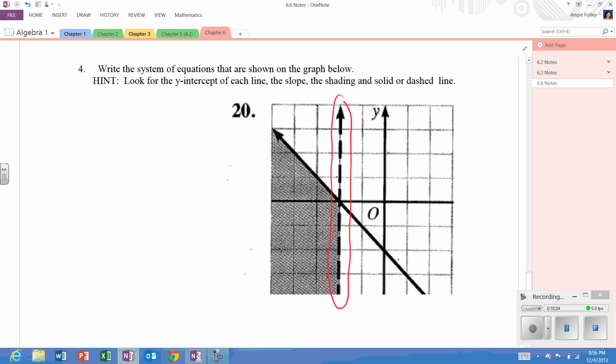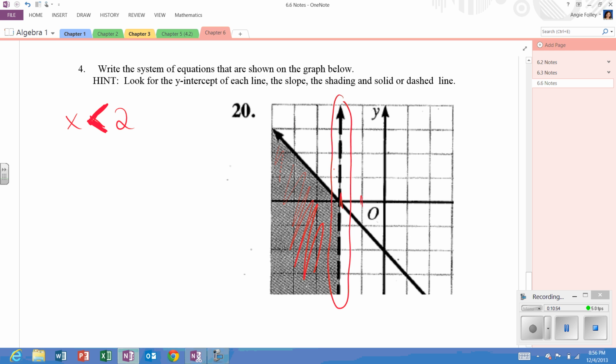Since it is a vertical line over at x equals 2, we know it's going to be x something 2. We don't know yet if it's greater than or equal to. Do you see how it's shaded? The part that's shaded is on the left side of x equals 2, so it has to be everything to the left. So it has to be x is less than 2. That's our first equation, because it's on the left side.